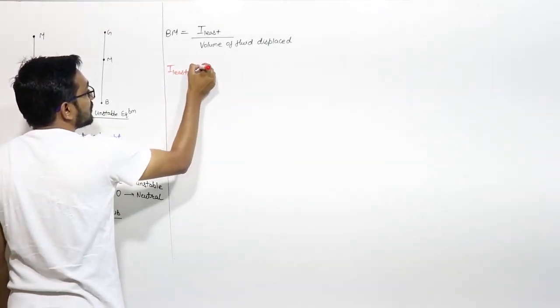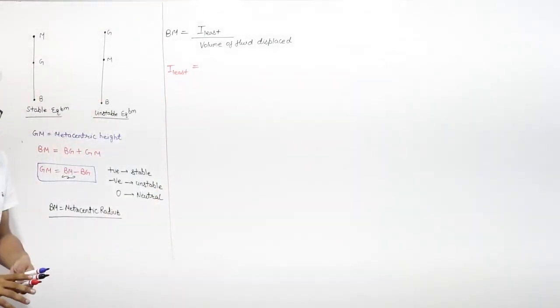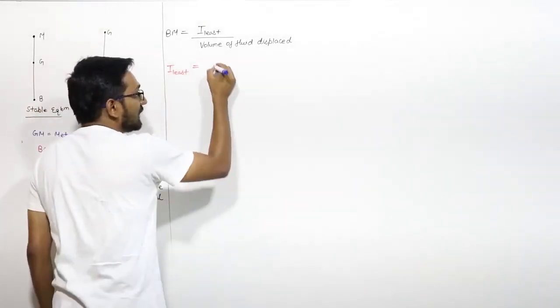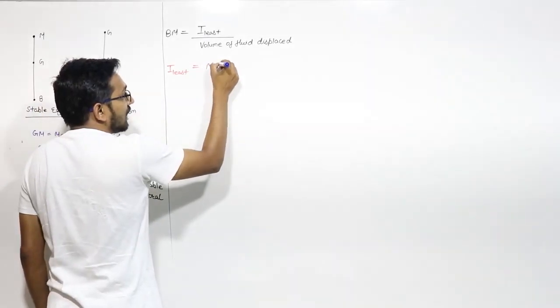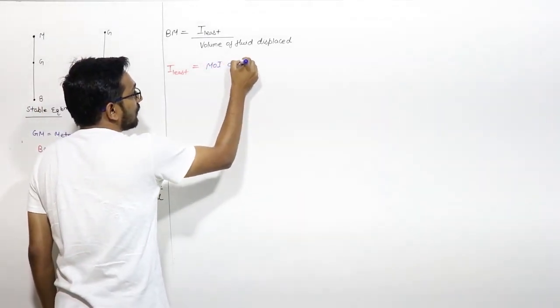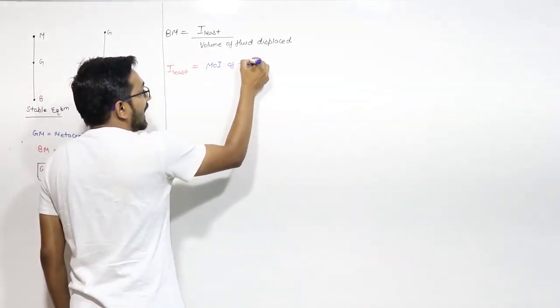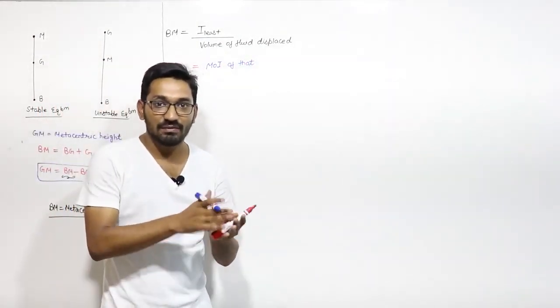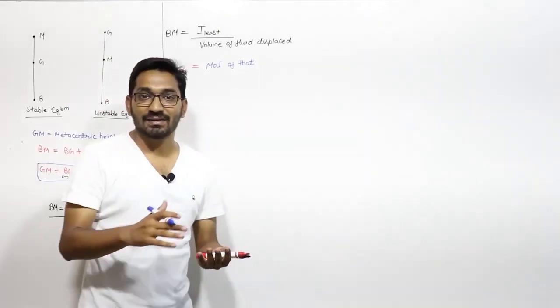What is this least moment of inertia? I is the least moment of inertia, or we can say it is the moment of inertia of that surface of the body which is intersected by the free surface.